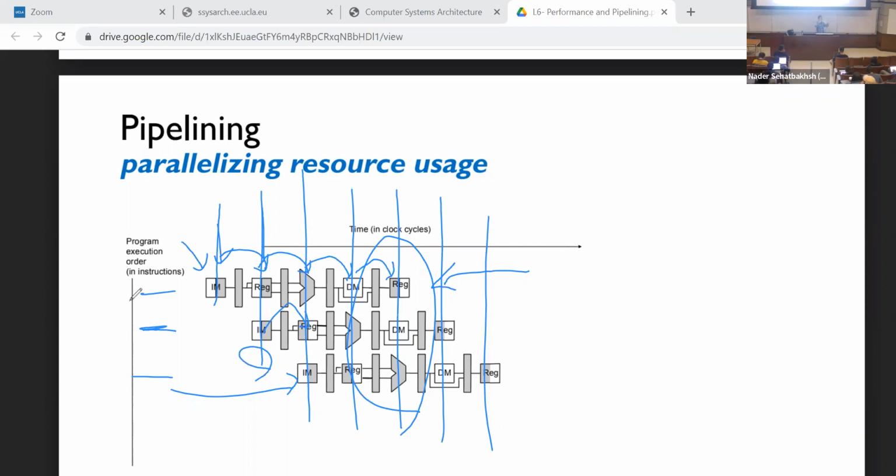And assuming that every stage can house one instruction at a time, then at best we can fill the entire pipeline of 5 stages with 5 different instructions. Okay, and this way we can significantly improve our CPU time, because instead of waiting for one instruction to finish, we are essentially improving our system.